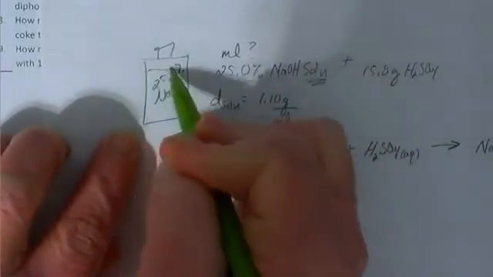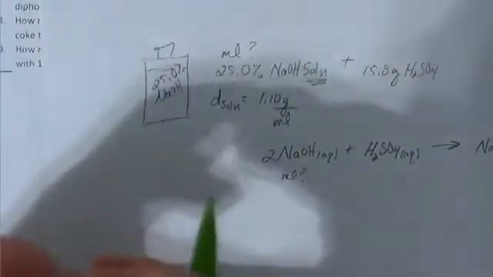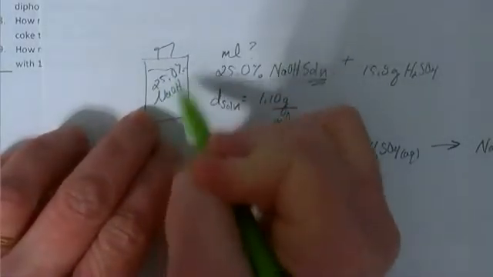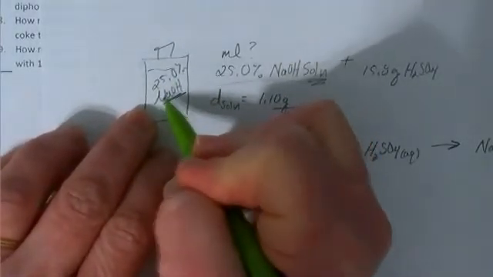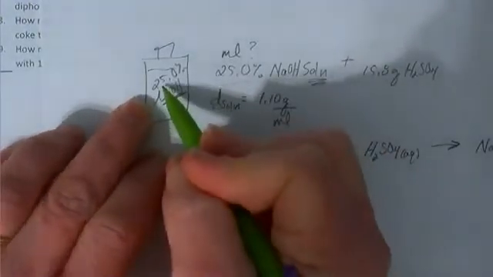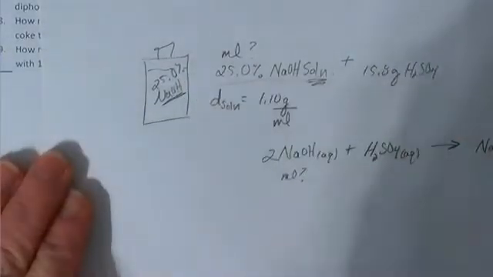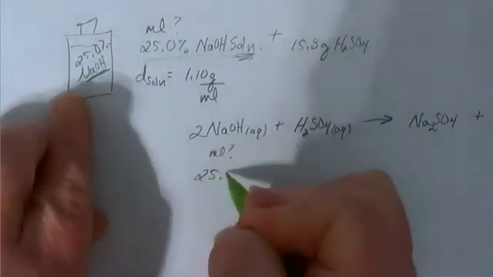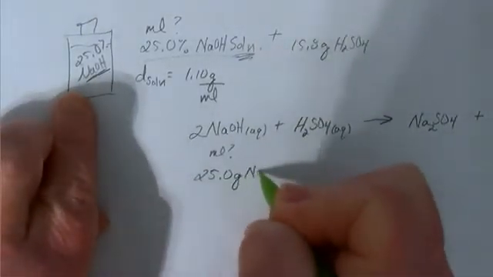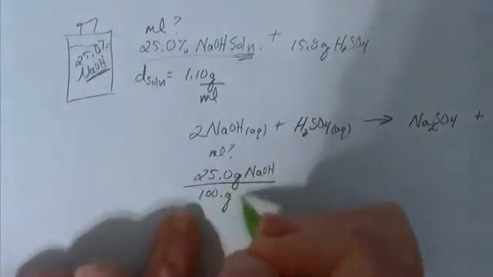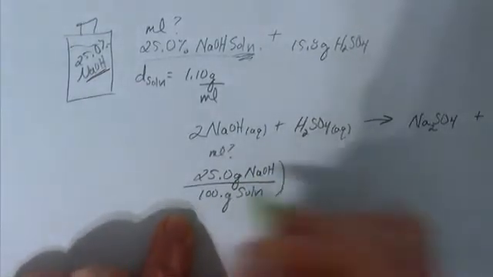So the solution is the mixture, and the 25% is the part that sodium hydroxide is in the mixture. Just as we've been doing, we can express percentages as mass ratios. So we have 25 grams of NaOH for every 100 grams of the solution.